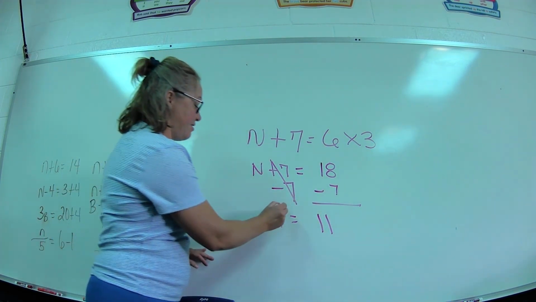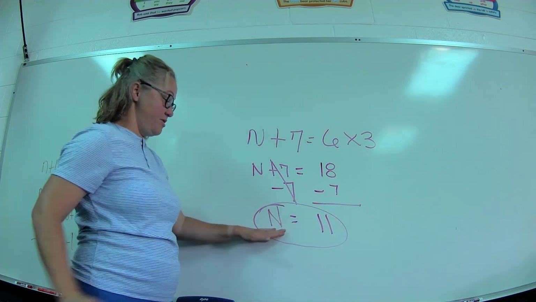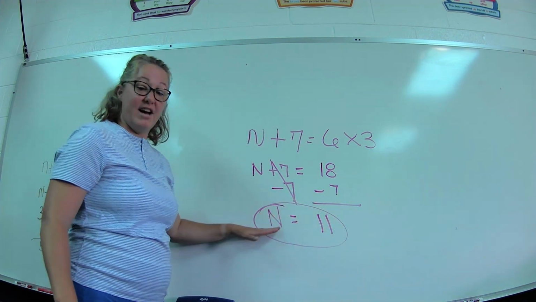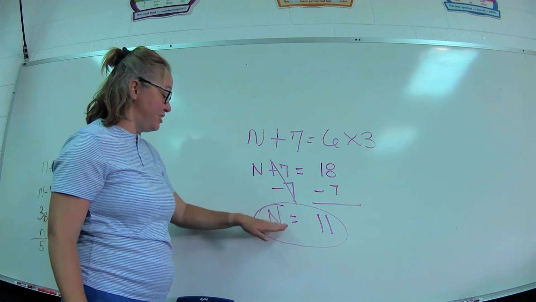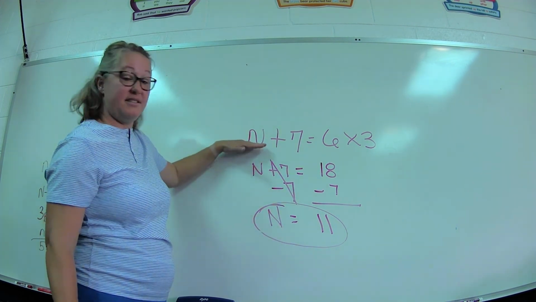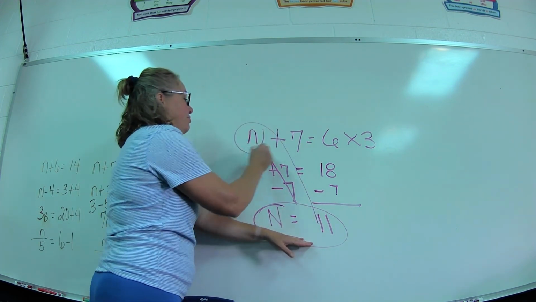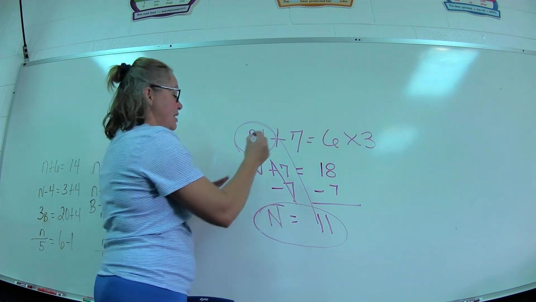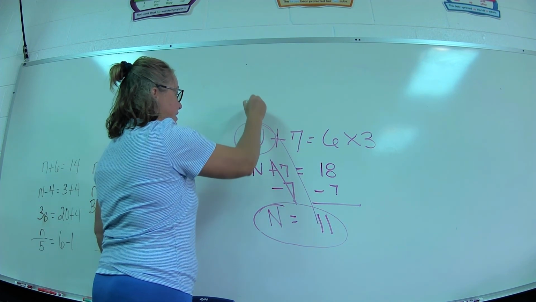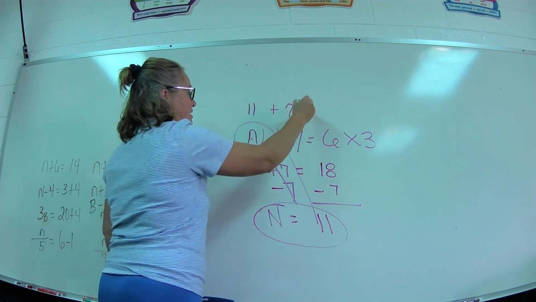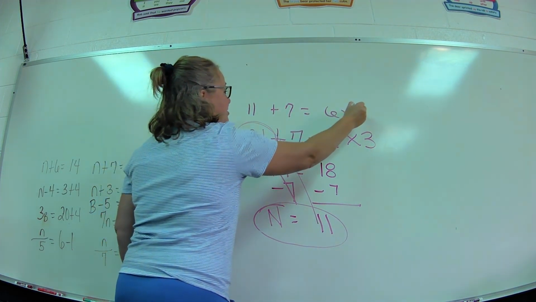Now, if I take this value, 11 is the value of my variable. So this n represents this n right here. So let's put this value right here. All right? So our value for n was 11 plus 7 equals 6 times 3.